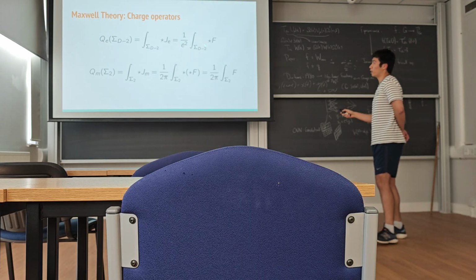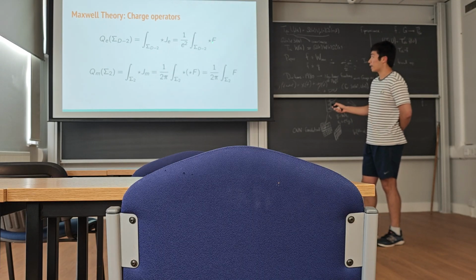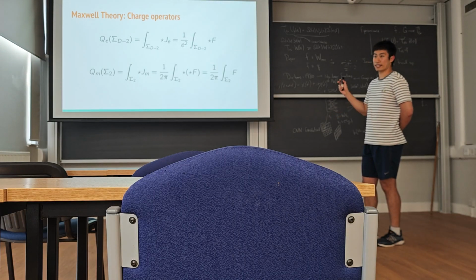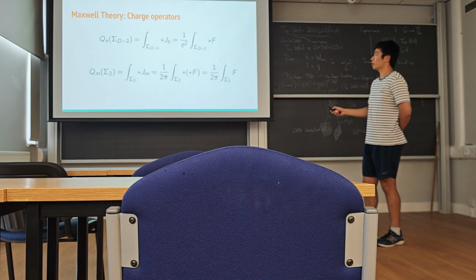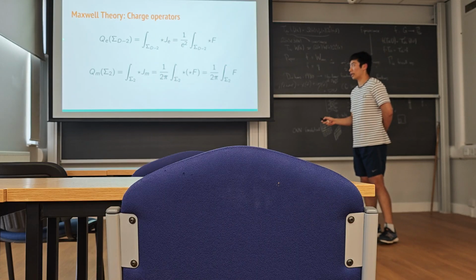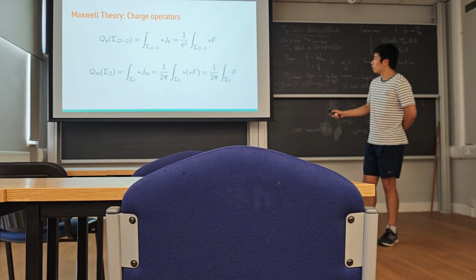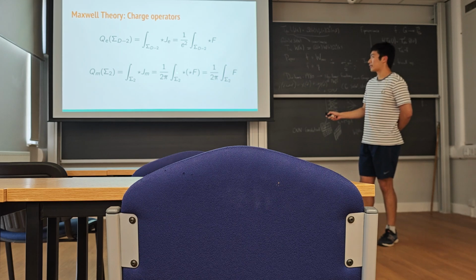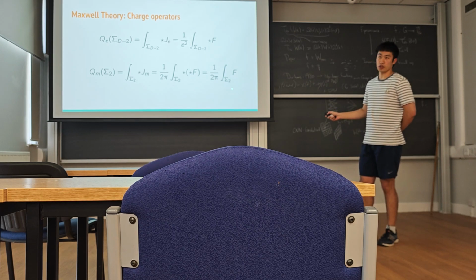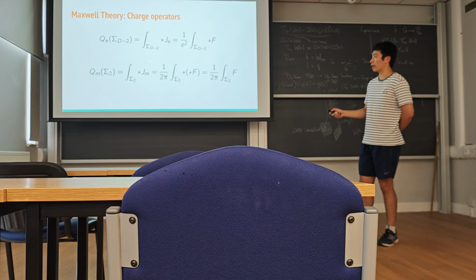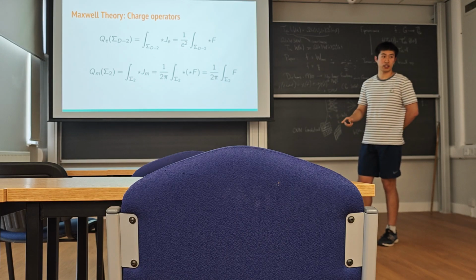First, the more familiar one: star F, if we integrate that over a d minus 2 dimensional manifold, that is exactly our one form case. Then we have the electric charge operator. Now, if we integrate star of star F, which is just F, over a two-dimensional submanifold, then this is our magnetic charge operator.